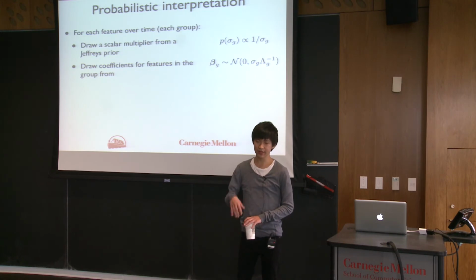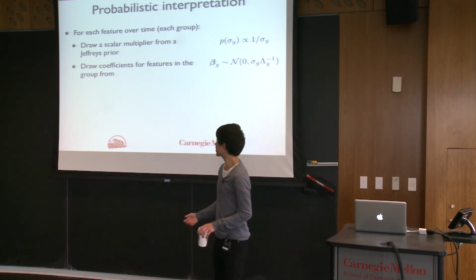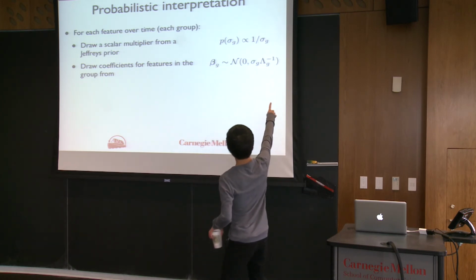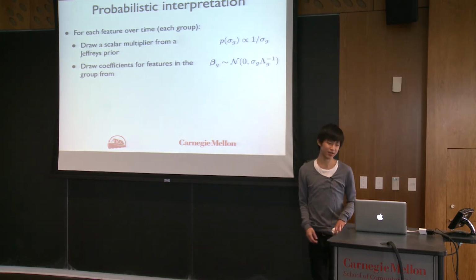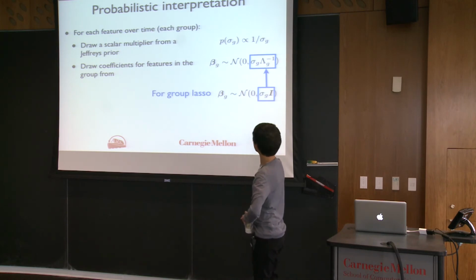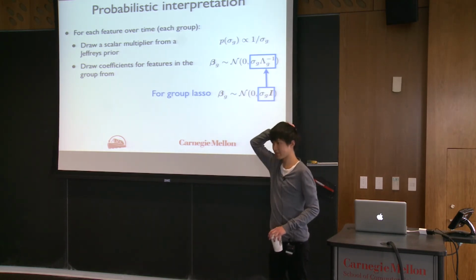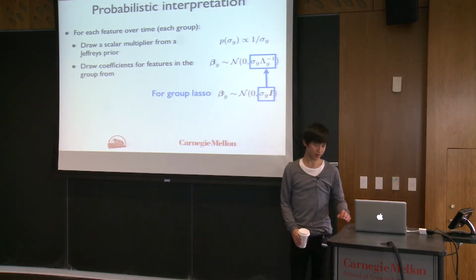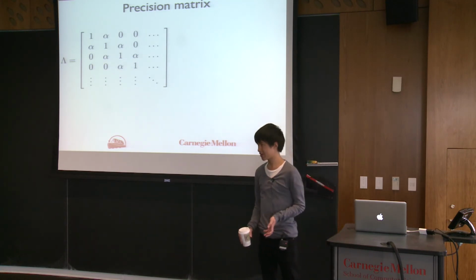Then for each feature weight in a group, you draw it from a normal distribution, but instead we have a precision matrix lambda here. The only difference from group lasso is that instead of the identity matrix I, we use a precision matrix lambda. So what does this lambda look like?